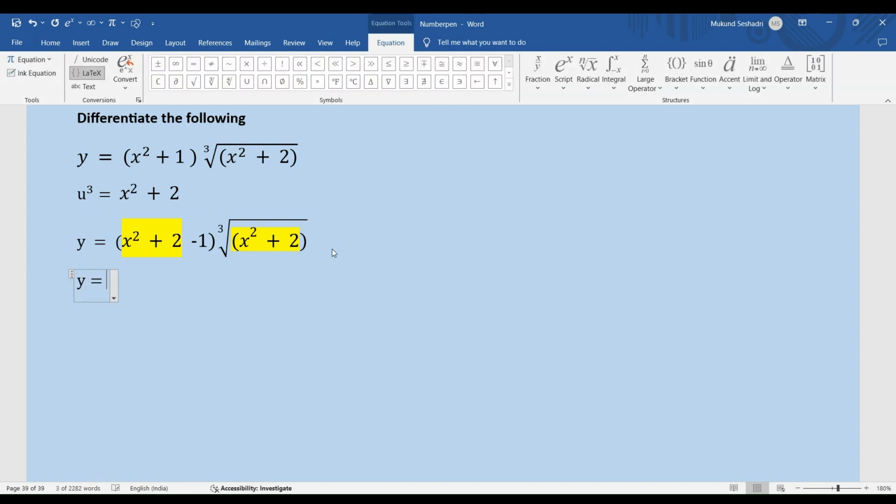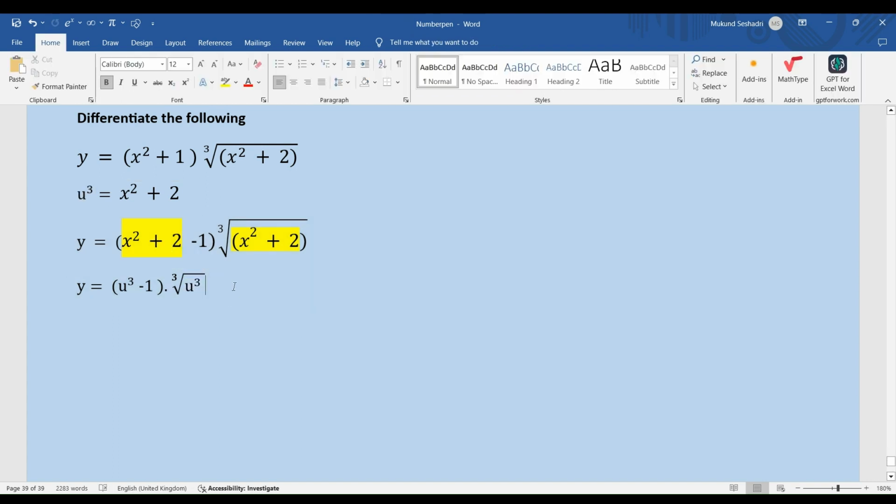So my y becomes equal to u cube minus 1, and then I have a cube root of u cube, right? And the cube root of u cube is nothing but u. So this is what I have post substitution of x square plus 2 equals u cube.